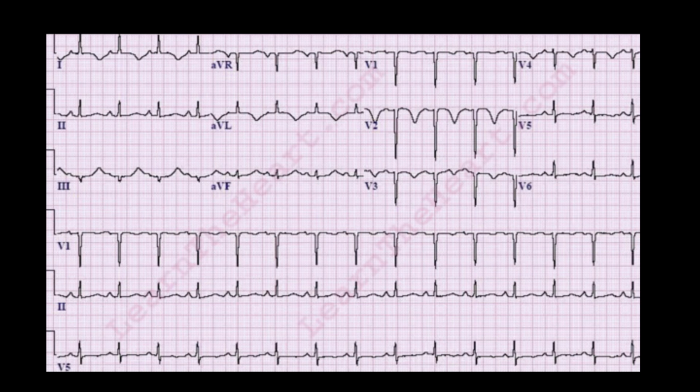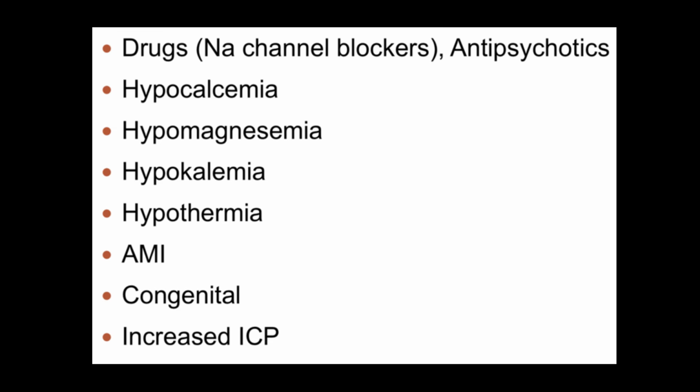So some of those things that can help us hone in on and build our differential are, what are the causes of QT prolongation? So these could be drugs, sodium channel blockers, for example, antipsychotics. This could also be hypocalcemia, hypomagnesemia, hypokalemia, could also be hypothermia.